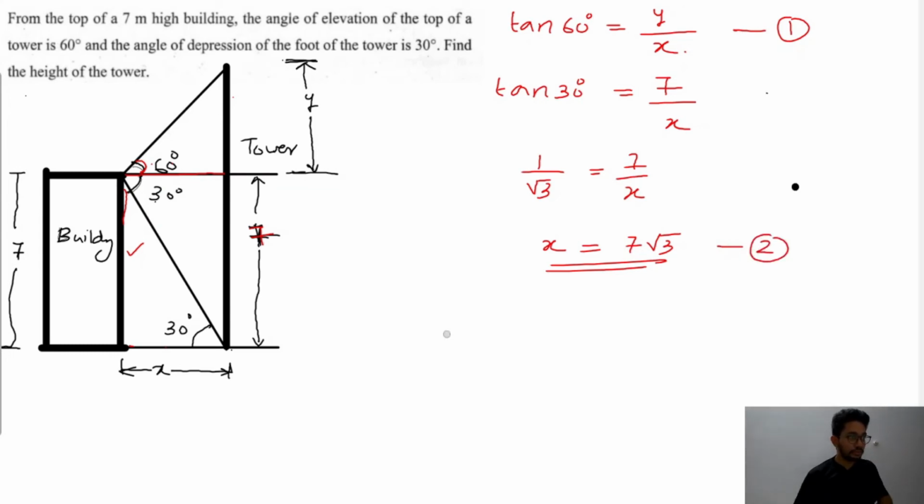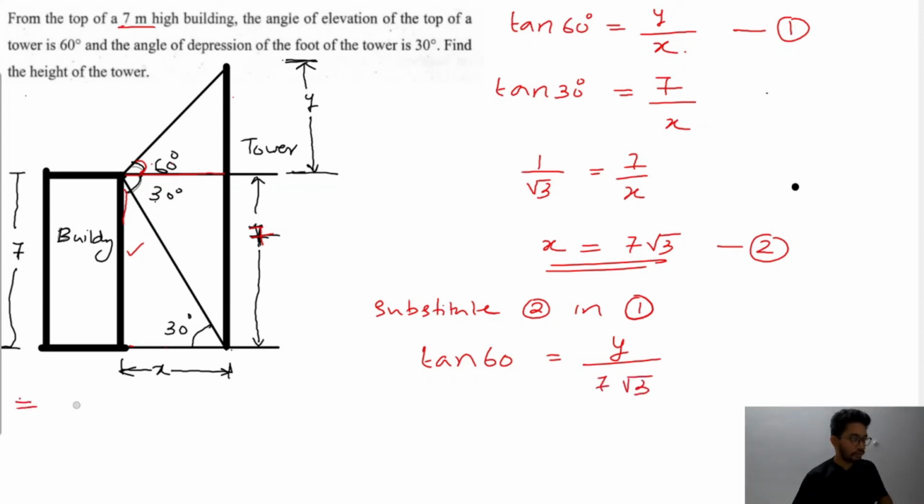Substitute 2 in 1: tan 60 degrees is equal to y divided by 7 root 3.